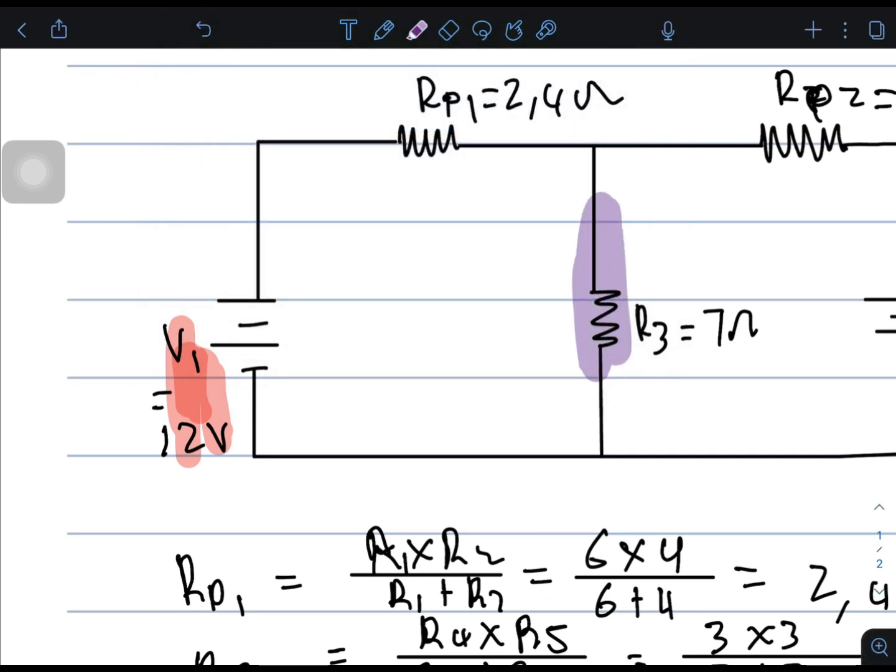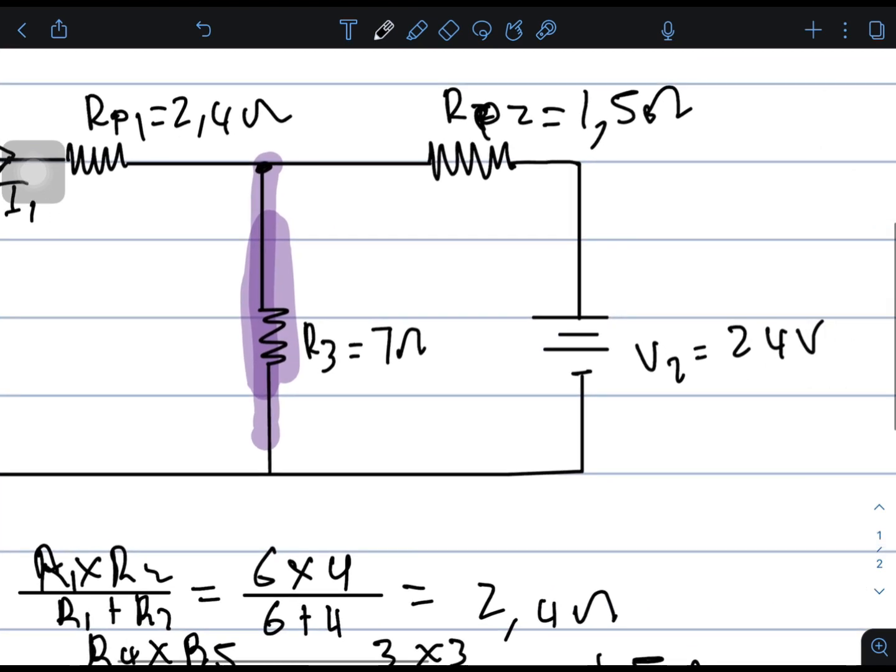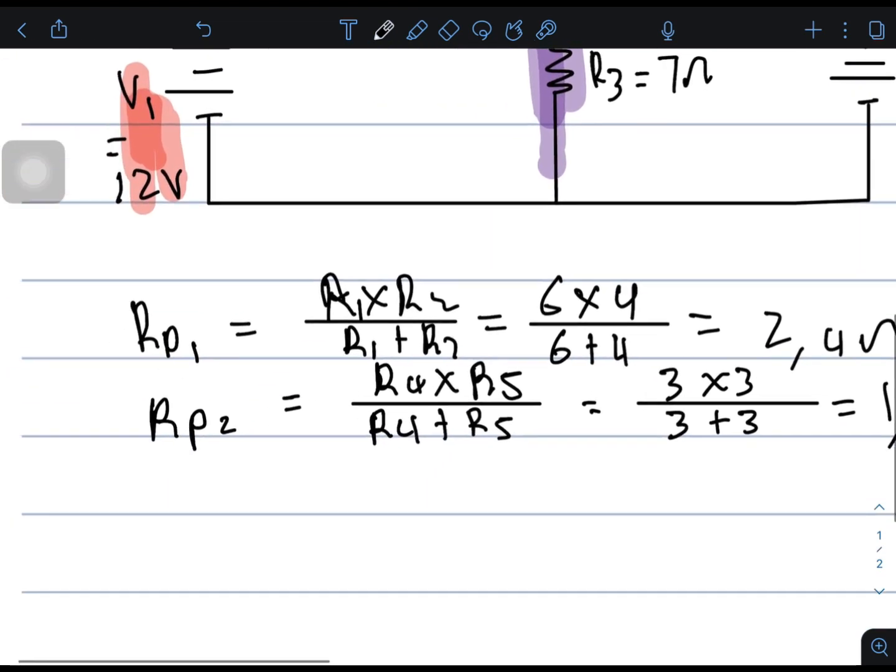That means we want to determine how much current V1 is adding to this branch current, because remember this current here, let's call it I1, is going to this junction, and this current here, let's call it I2, is also going to this junction. Then they form I3.